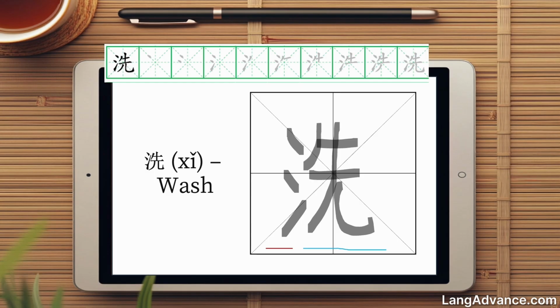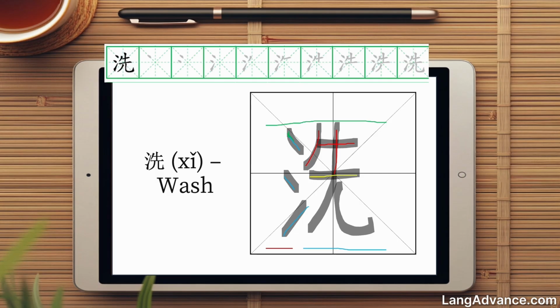So let's see how you write that. We have our 3 dots, the water part. Now let's write 先. Always position yourself so everything should align with one another. As you can notice, this line doesn't go across this starting point of our water, so it should be fine. And now the division must be in the middle.